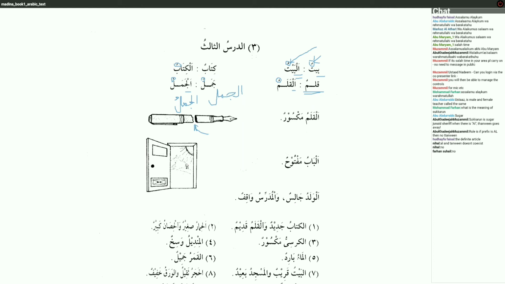Dad, the pen is broken. The pen broke. You're going to give some extra information. You can't just say the pen. So I will say al-qalamu maksurun. Al-qalamu maksurun.